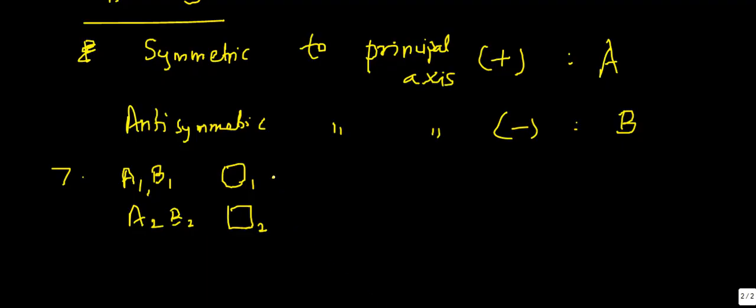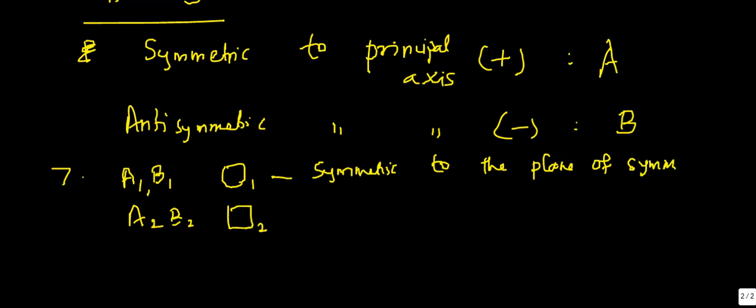That is, you use the suffix 1 when it is symmetric to the plane of symmetry. When you have more than one plane of symmetry, then it has to be symmetric to sigma v xz, the molecular plane, otherwise to whatever plane that persists.